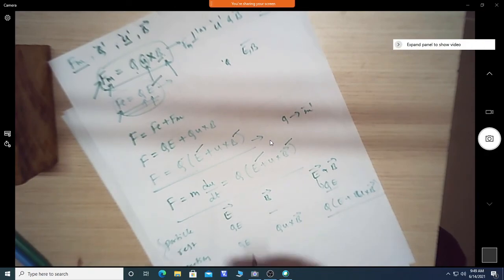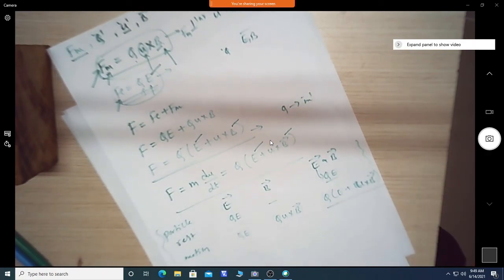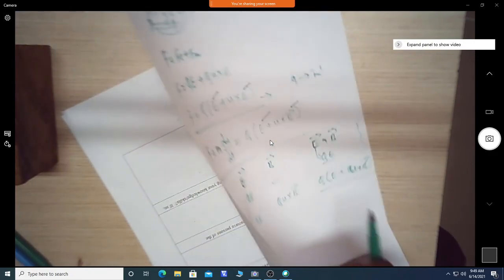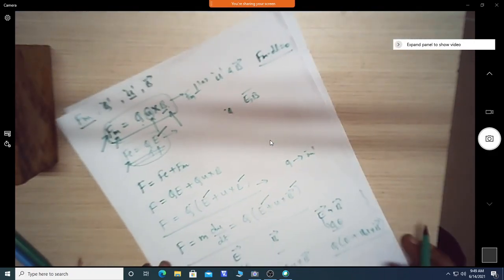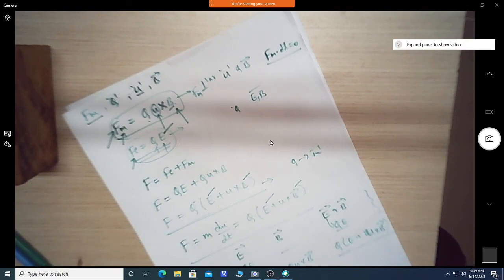So we can differentiate depending on whether the charged particle is at rest or in motion, and whether it experiences the field E or B. This is only for the charged particle moving with a constant velocity, which we have discussed till now.